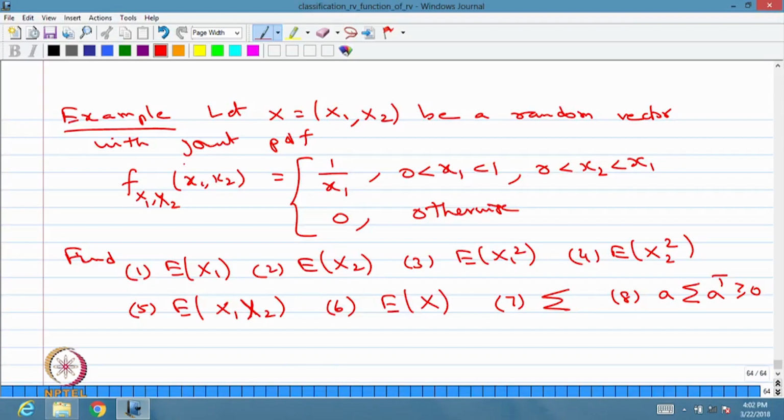First start with the expectation of x1. Expectation of x1, you can find the probability density function of x1 from the joint probability density function, then go for the expectation, or you can use the first definition, that is expected value of function of a random vector.